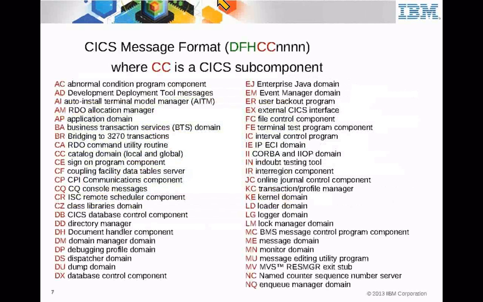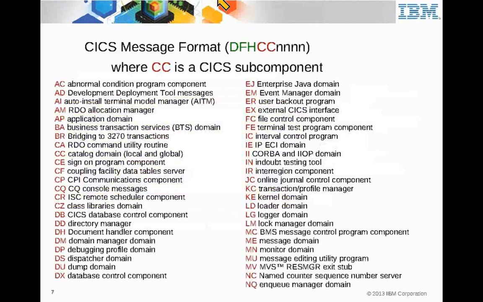Here's a list that comes straight out of the book, and I want you to know that the 3-character identifier for CICS is DFH. So CICS modules begin with DFH.